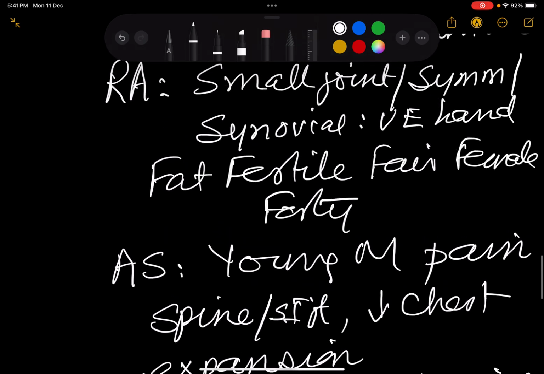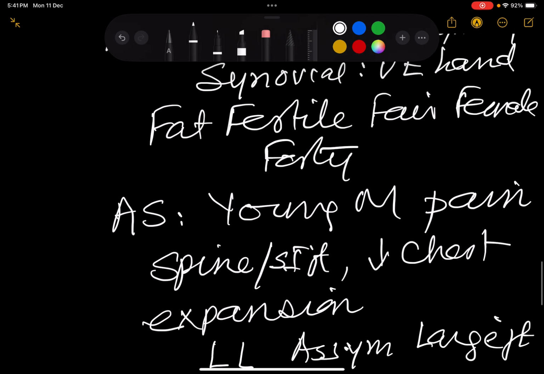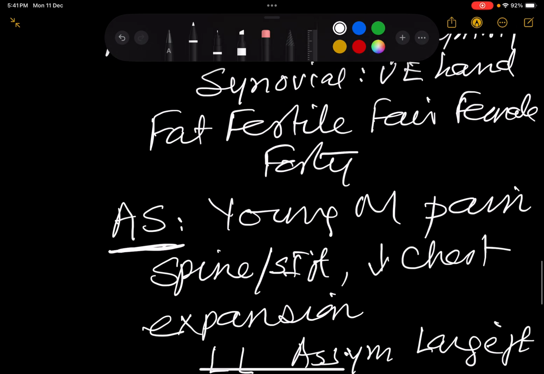So this is the presentation of ankylosing spondylitis type of immune involvement.